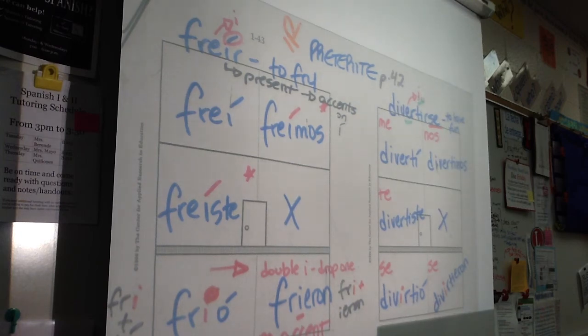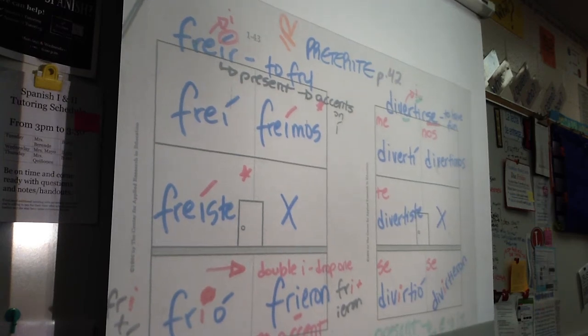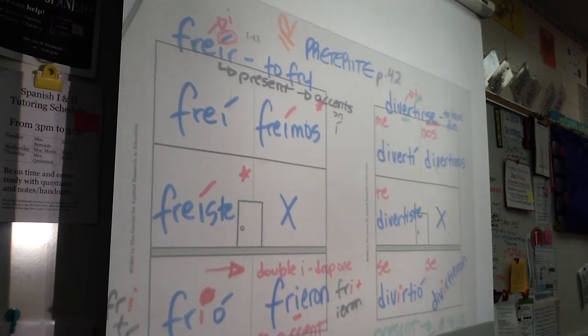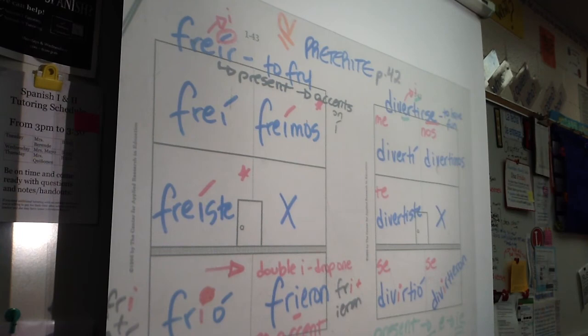If you are looking at your chart, where on your chart would divertirse be? For present tense, it'll be an E to IE change. But where do we make an E to IE change in the present tense? In the boot shape.